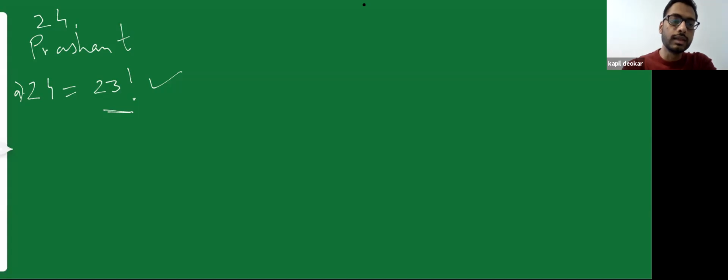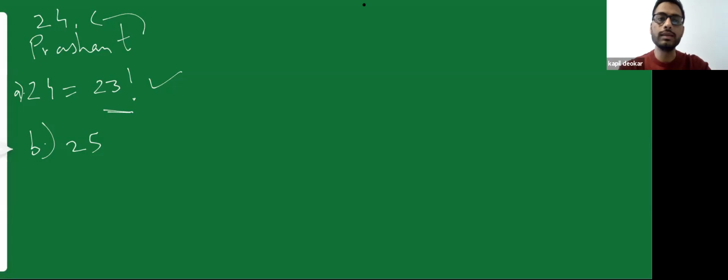However, if you consider this scenario that Prashant is calling 24 people, how many people will there be overall? The total number of people including the host will be 25, because he's inviting 24 people and then the host itself. Host is Prashant in this case. So 24 plus 1 would be 25.